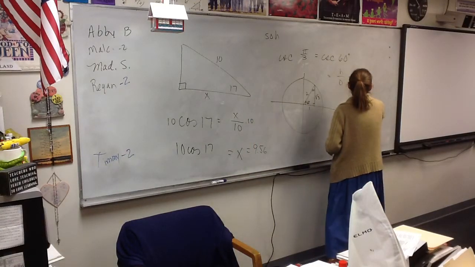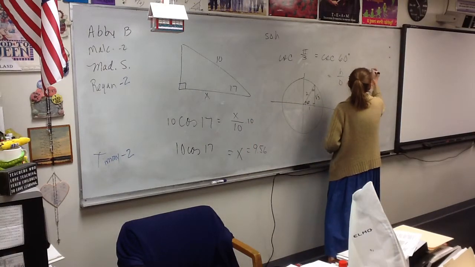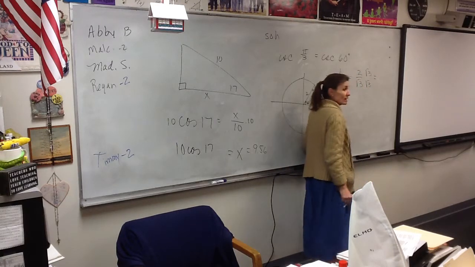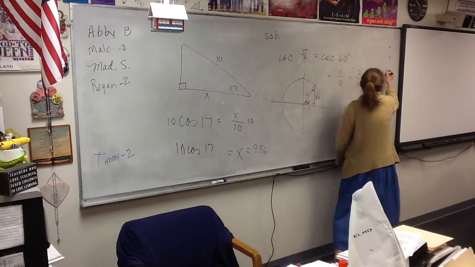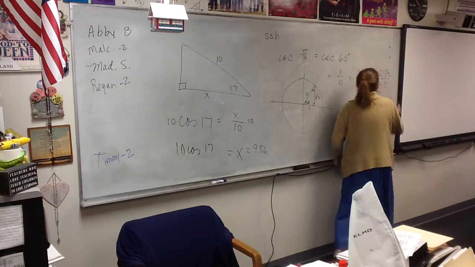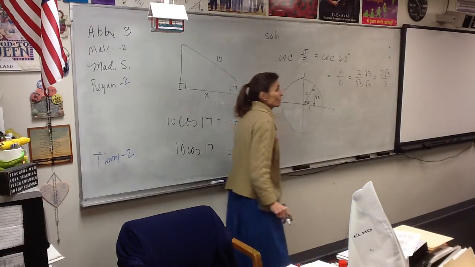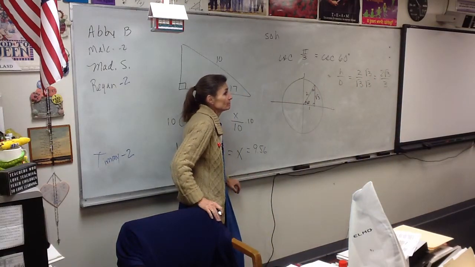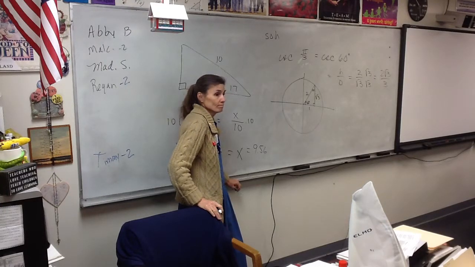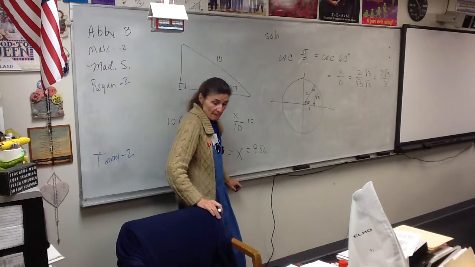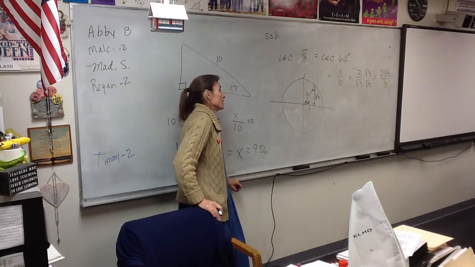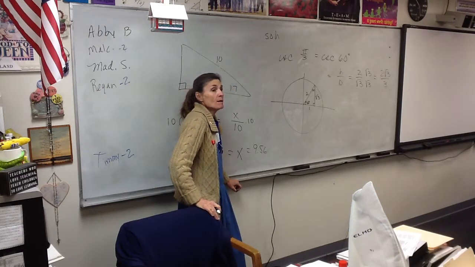Which I have to rationalize because I'm not allowed to have radicals in the bottom. So your answer, Jack, is 2 root 3 over 3. Anybody else from last night's homework?